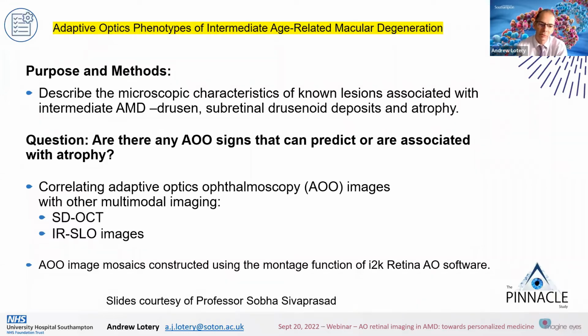For example, with looking at drusen with adaptive optics, and also to try to do a structure-function correlation. So trying to see if the changes that we pick up in adaptive optics correlate with, say, microperimetry, and also with other multimodal imaging such as OCT images.